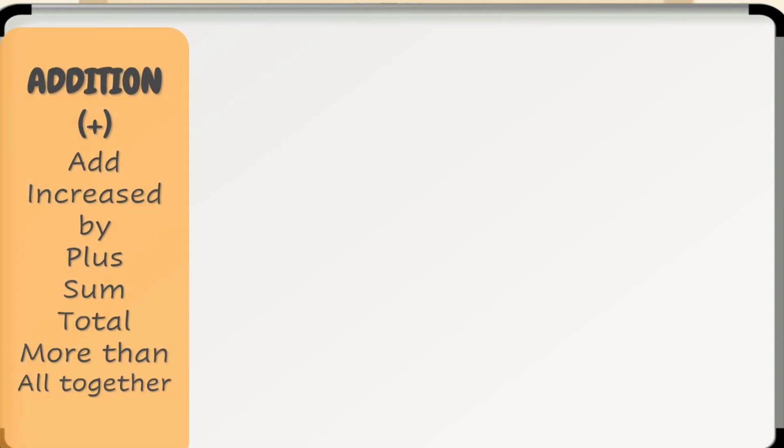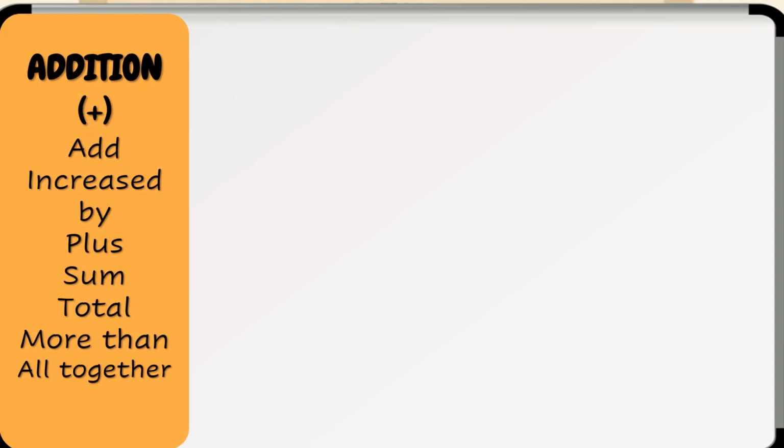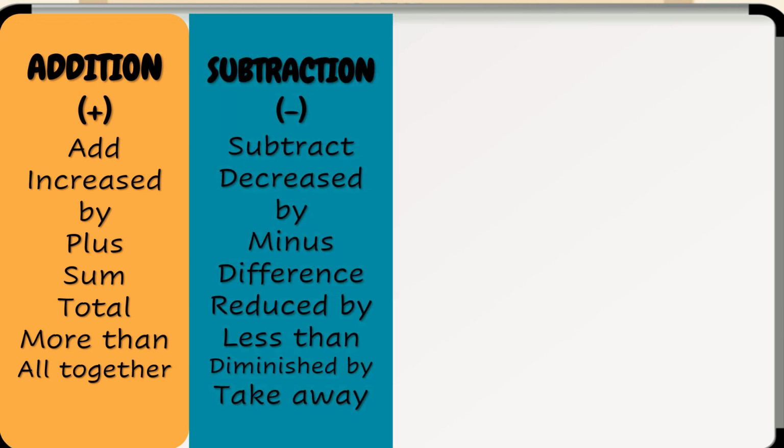For addition, we have add, increased by, less, sum, total, more than, and altogether. For subtraction, we have subtract, decreased by, minus, difference, reduced by, less than, diminished by, and take away.